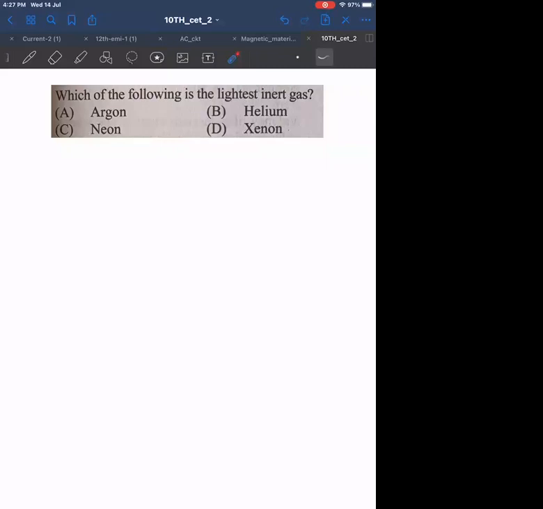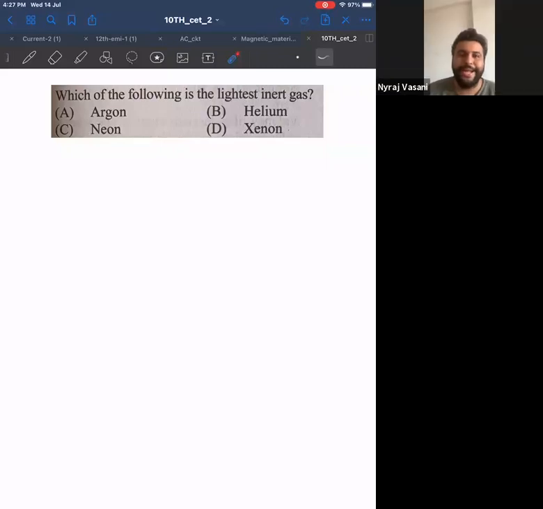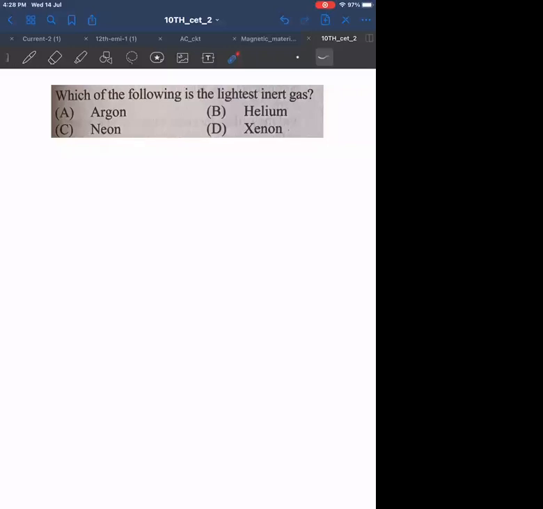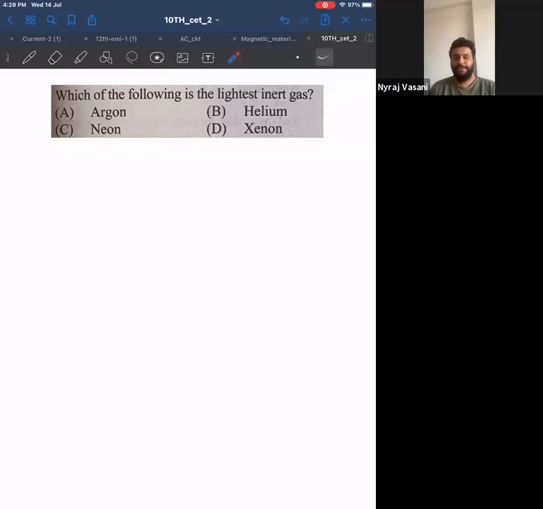Which of the following is the lightest inert gas? Many people are giving me answer C. And also D. Remember, you have hot air balloons, correct?